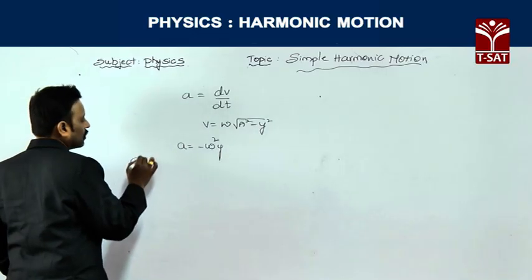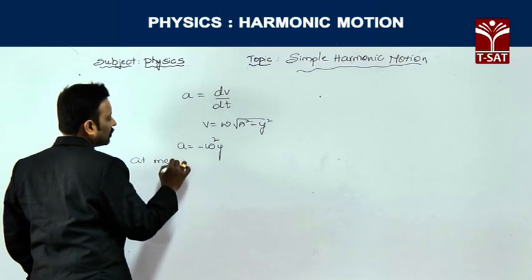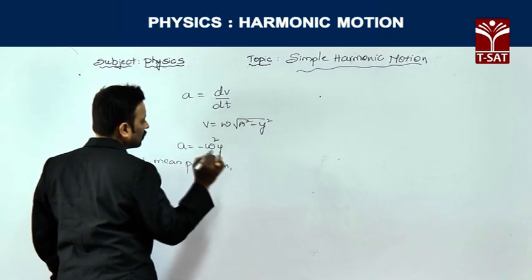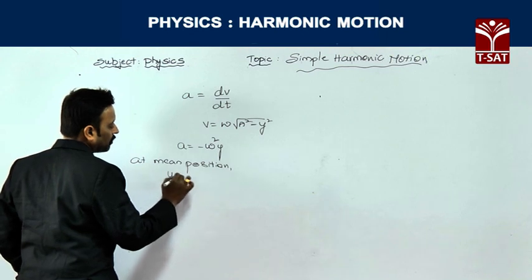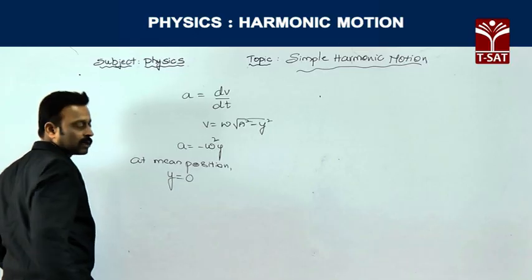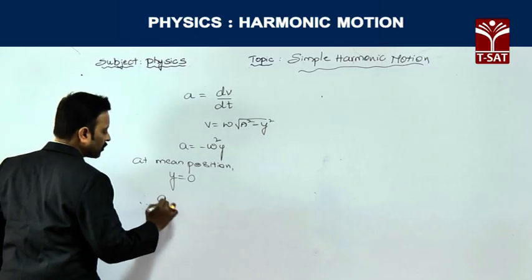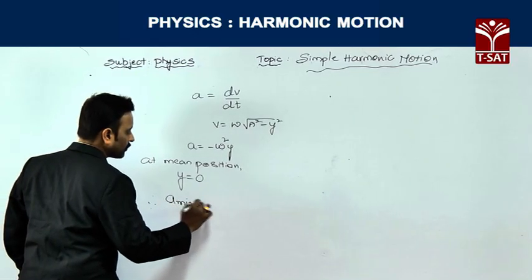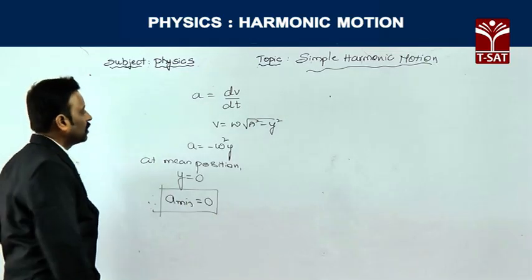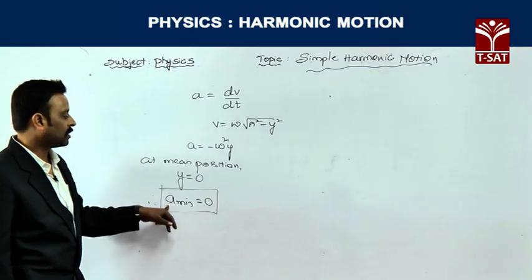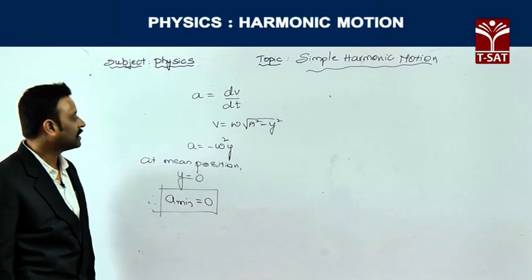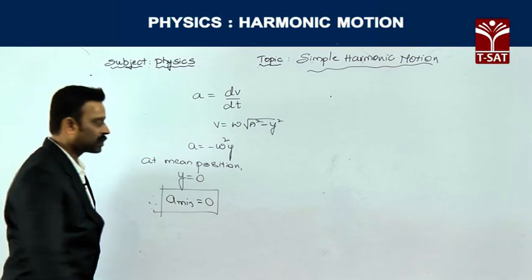Now at mean position, displacement of the particle will be 0. Substitute y is equal to 0 in this equation. Therefore, a minimum is equal to 0, which suggests that acceleration of a particle is minimum in simple harmonic motion when the particle is at mean position.